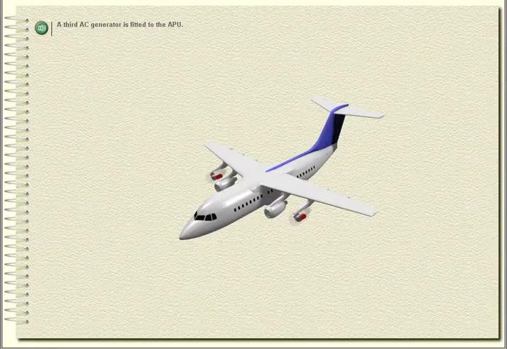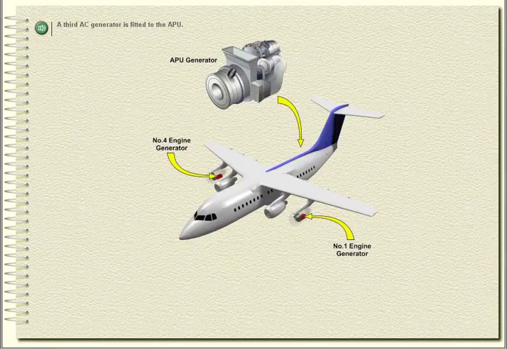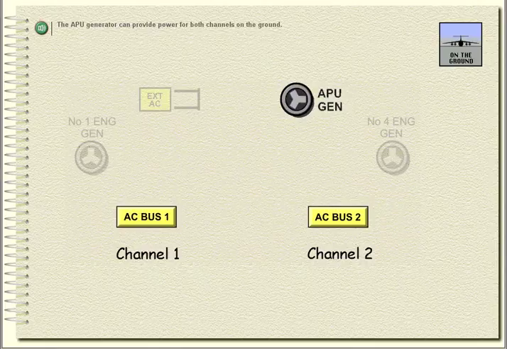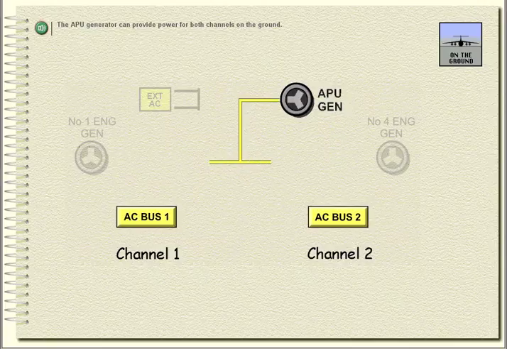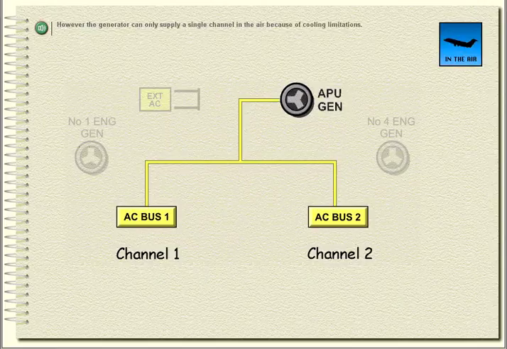A third AC generator is fitted to the APU. The APU generator can provide power for both channels on the ground. However, the generator can only supply a single channel in the air because of cooling limitations.